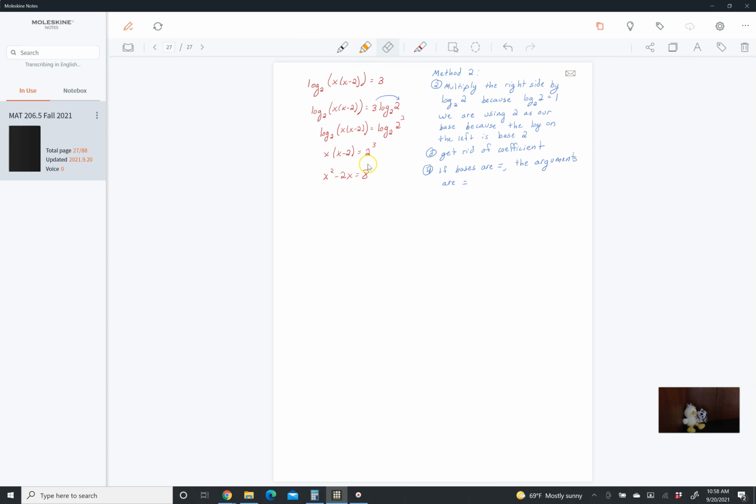So this is a quadratic, meaning you want to set it equal to 0.